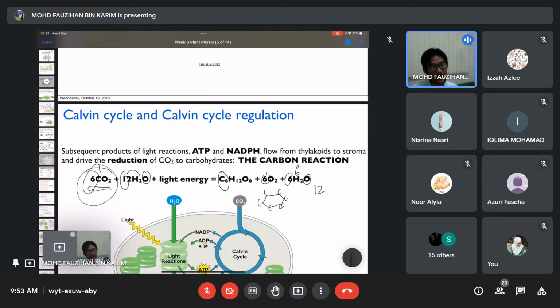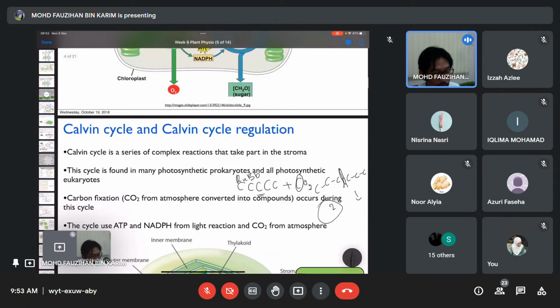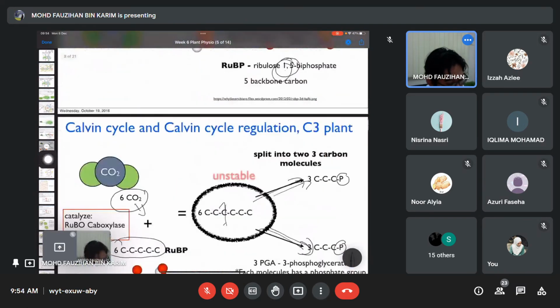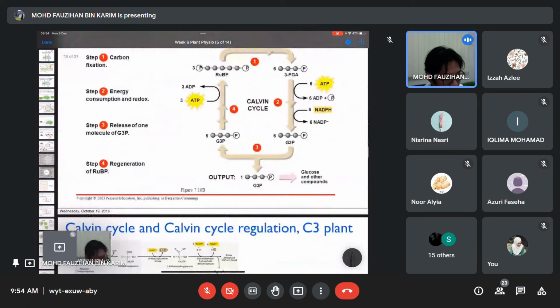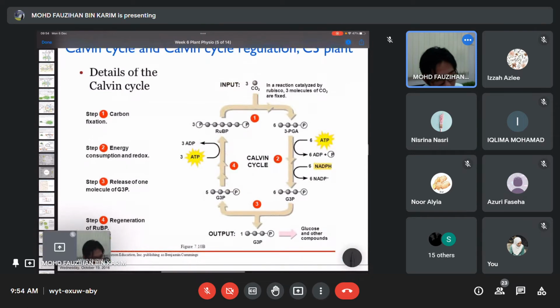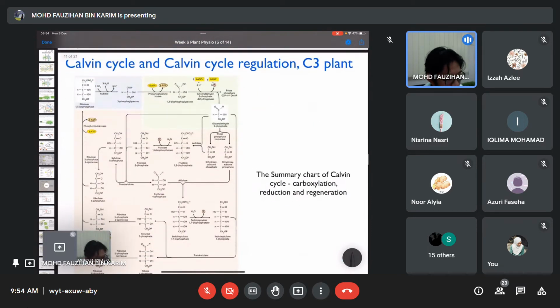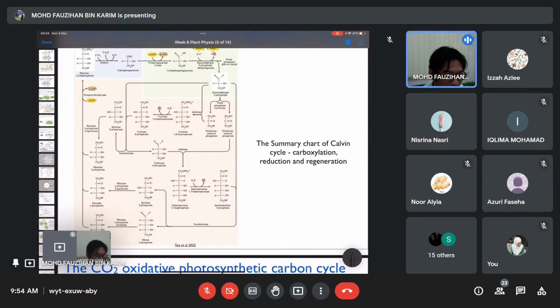It needs 5 carbons to produce 1 molecule of carbohydrate designed to the photosynthesis process or carbohydrate production. Simple. Settle. The same things. These are more details. You don't have to remember. Tapi it's good for your knowledge, right?